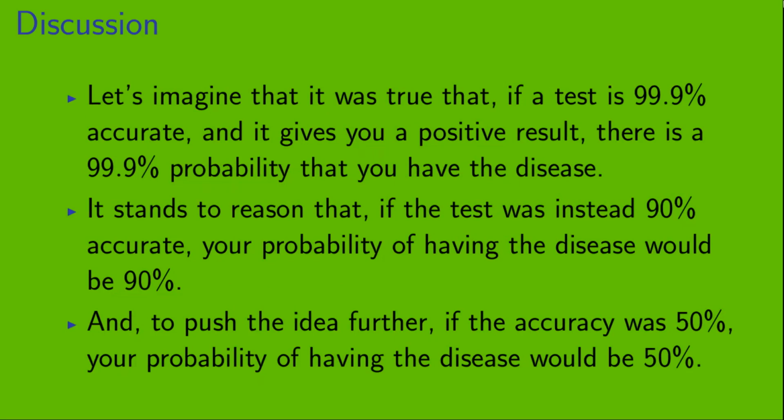So let's imagine that it was true that if a test is 99.9% accurate and it gives you a positive result, there is a 99.9% probability that you have the disease. It stands to reason that if the test was instead 90% accurate, your probability of having the disease would be 90%. And to push the idea further, if the accuracy was 50%, your probability of having the disease would be 50%.